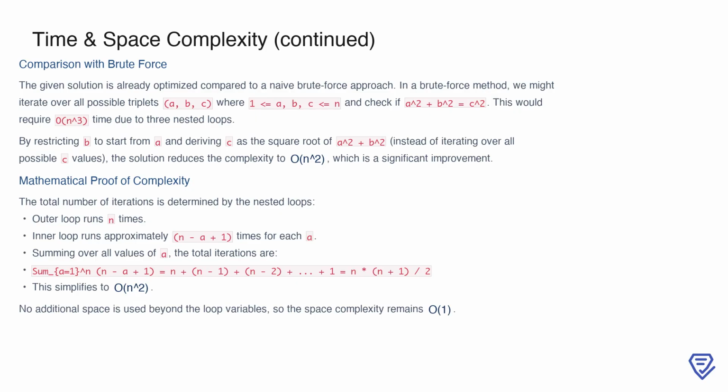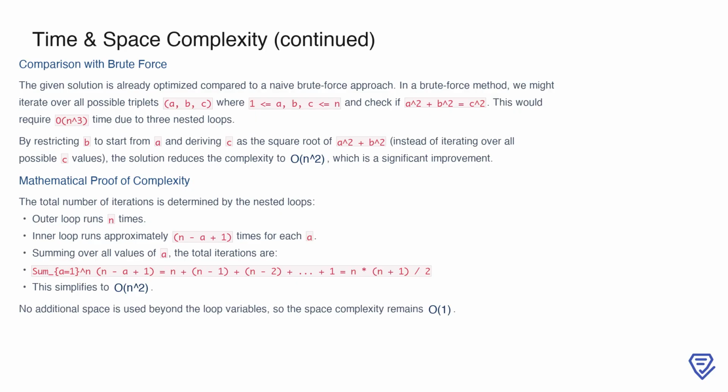The given solution improves on this by restricting b to start from a, which avoids redundant pairs, and by deriving c as the square root of a squared plus b squared instead of iterating through all possible values of c. These optimizations reduce the time complexity to O(n squared), which is a significant improvement over O(n cubed). Mathematically, the total iterations are determined by summing the inner loop runs over all values of a.